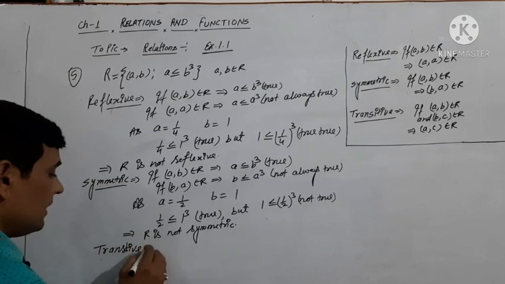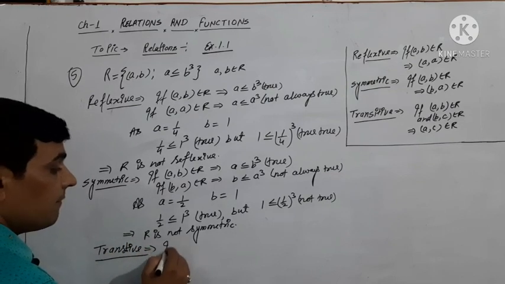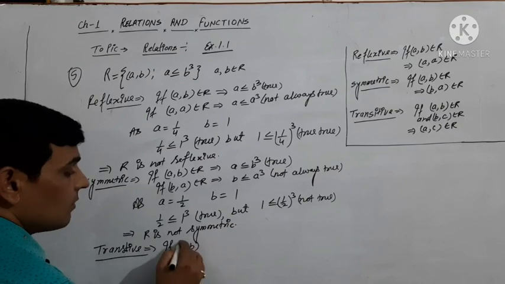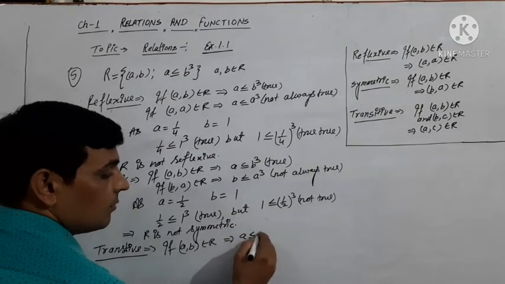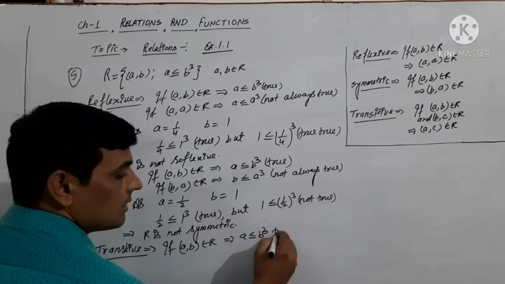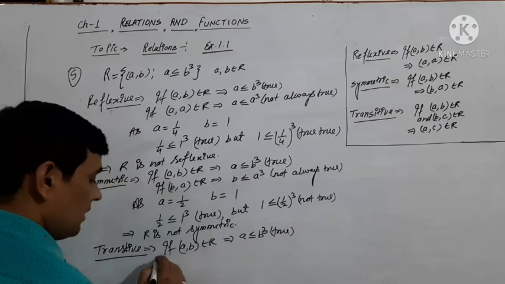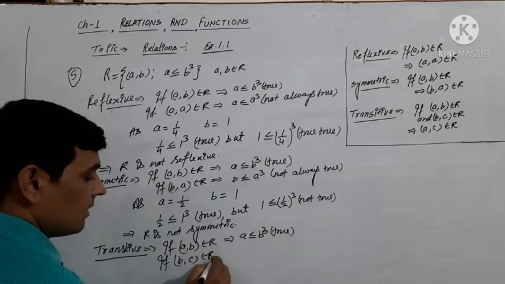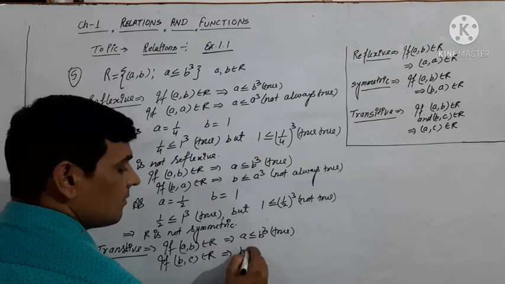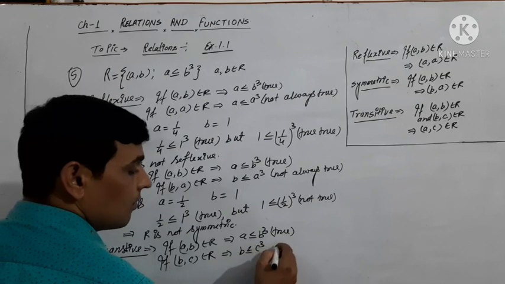For transitive, we will check the conditions. If (a, b) belongs to R, then a less than or equal to b cube. This is true. If (b, c) belongs to R, then b less than or equal to c cube. Also true.